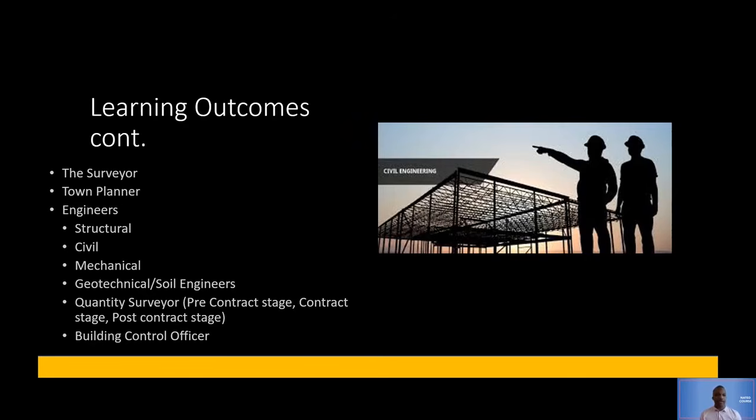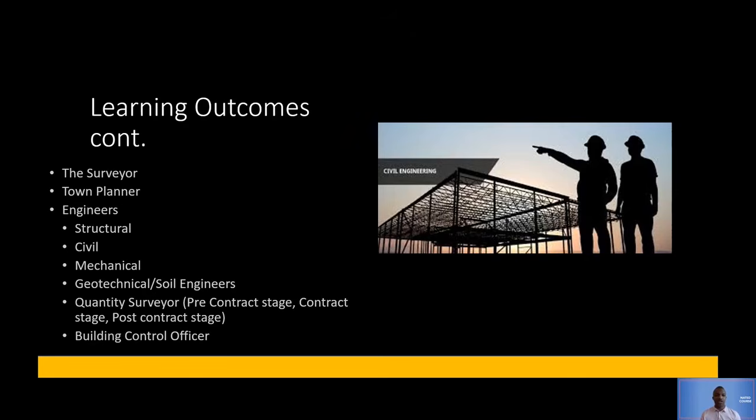But like I was saying, growing up, I thought the only types of engineers were civil engineers until I went to varsity and discovered that actually there are different kinds of engineers. There are electrical engineers, chemical, mechanical engineers, and all types of engineers. And even within civil engineering, there are different types of civil engineers.